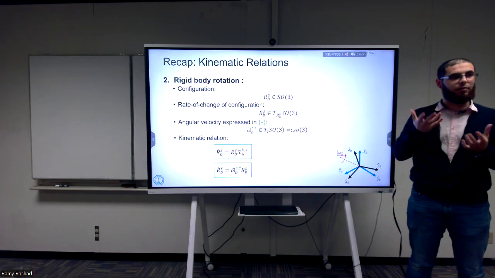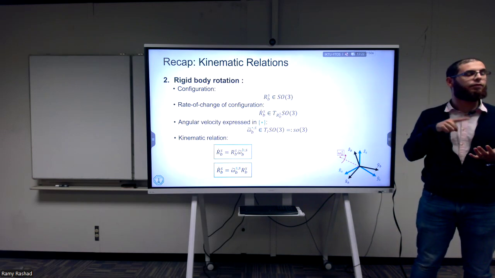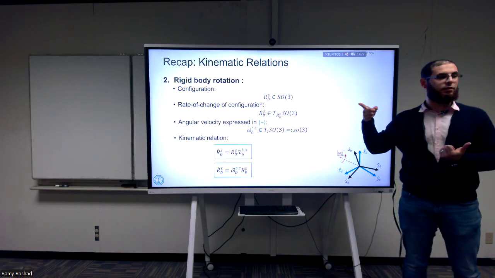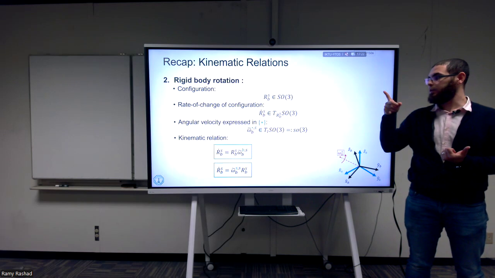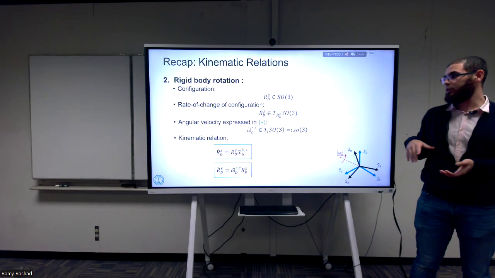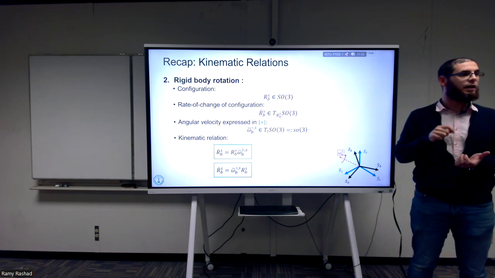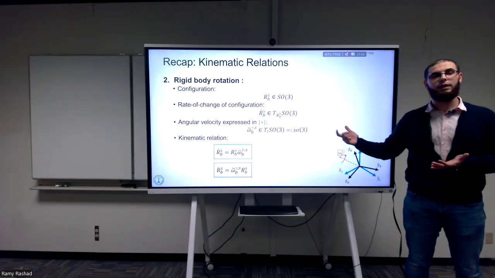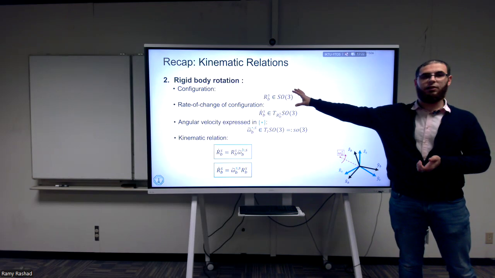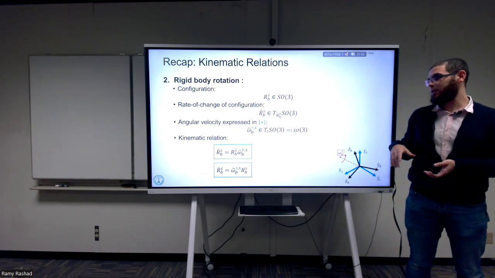This is not in general the case, because when we go to the rigid body rotation, the configuration is given by an element of SO3. The rate of change of the configuration is an element of the tangent space to the curve that's passing through this point on the manifold SO3. And then the angular velocity, we mentioned, is an element of the tangent space at the identity, which we call the Lie algebra. Because we're using 3x3 matrices here, this also is a 3x3 matrix, but a special one, a skew-symmetric form.